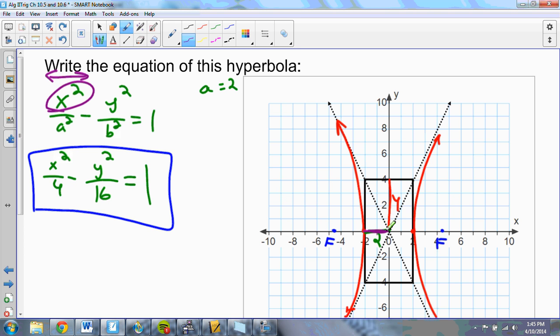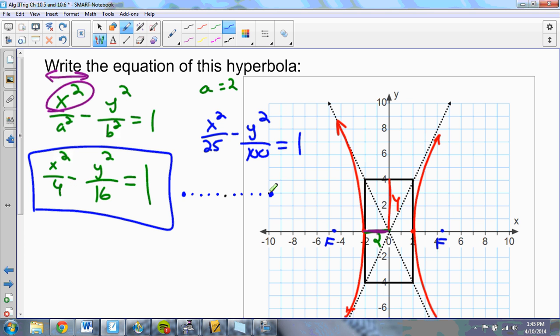So if I drew anything right now, like this, I don't care what A is or what B is. It makes no difference to me. I just know that from wherever my center is, I'm going to go left 5 and right 5, because that number underneath the x squared is 25, which is 5 squared.